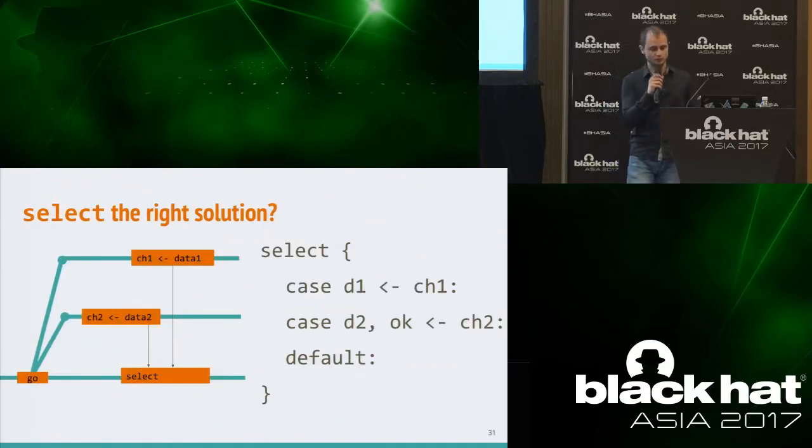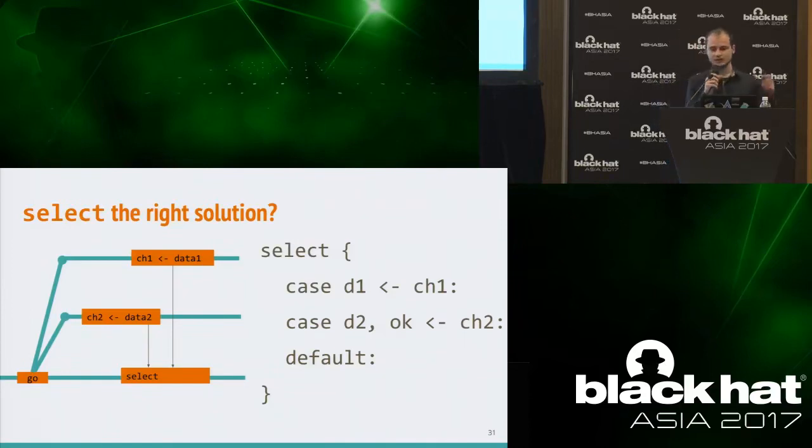To solve this problem, the Go language provides a construct which looks like a nice solution, doesn't completely solve the problem, but tries to. Select allows you to read from multiple channels at the same time in a non-blocking manner.